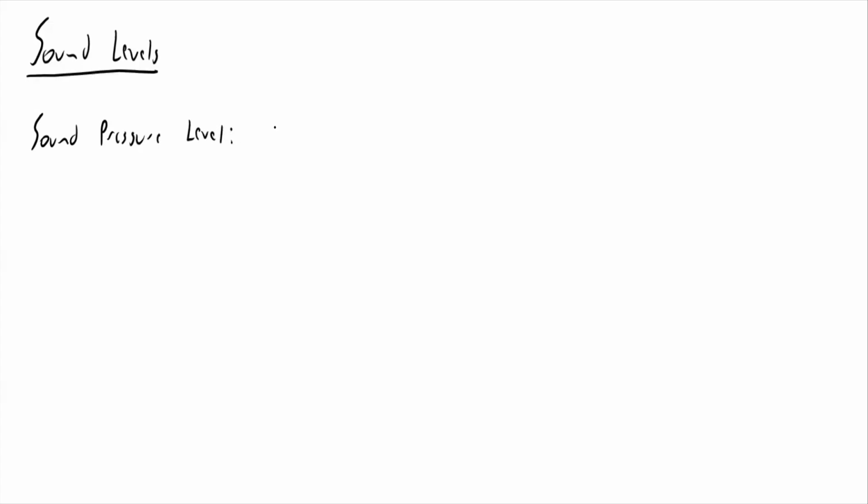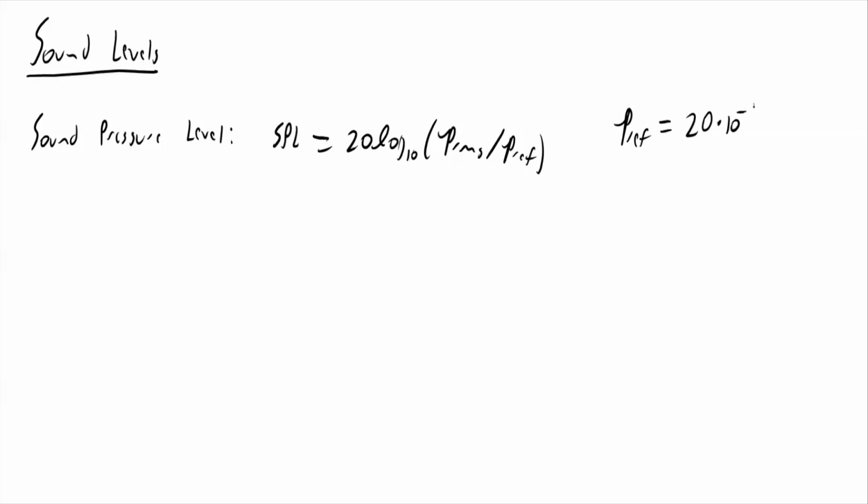The equation for SPL, sound pressure level, is 20 log base 10 of P_RMS over P_ref. P_RMS is the root mean squared pressure of your particular waveform, and P_ref is either 20 times 10 to the negative 6 pascals, or 20 micropascals, for air, and 1 times 10 to the negative 6 pascals for water.